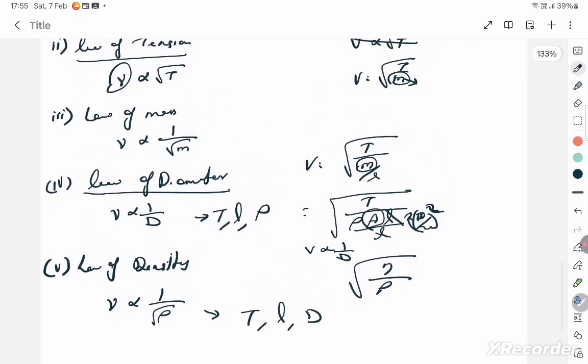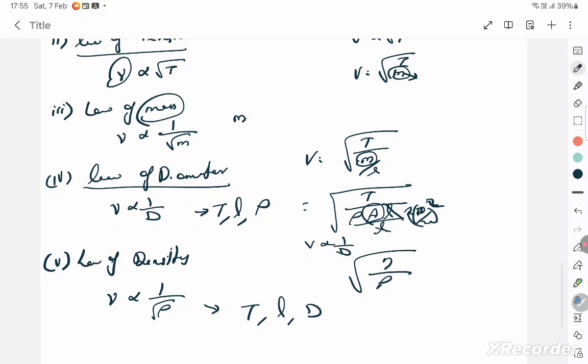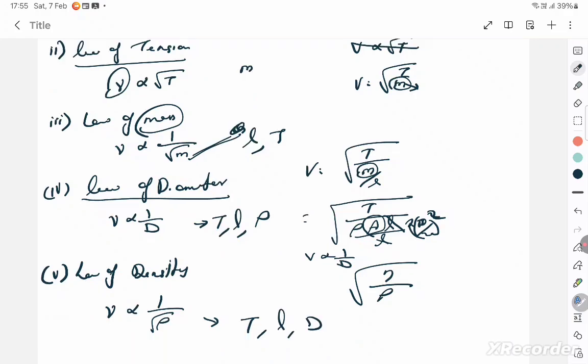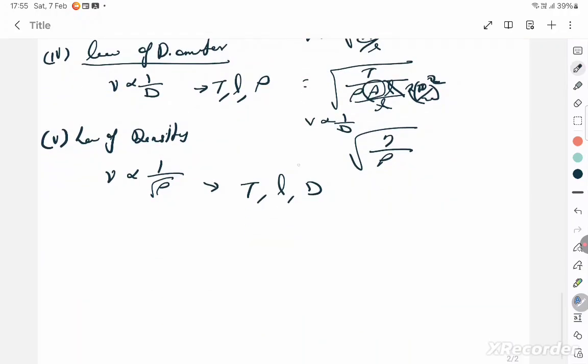For mass, it is mass per unit length itself, so only the length and tension have to be the same. Just make sure these things are different, memorize them and write them.